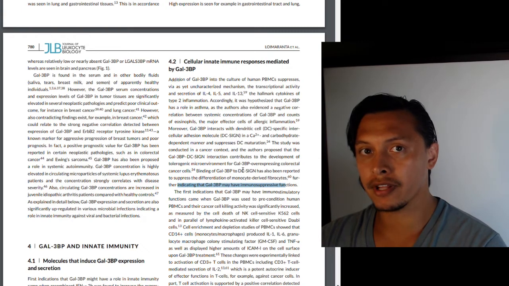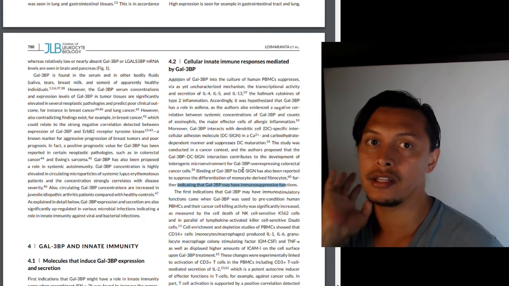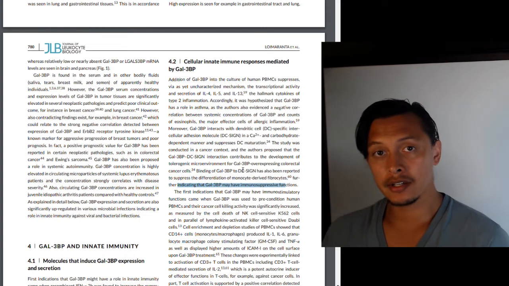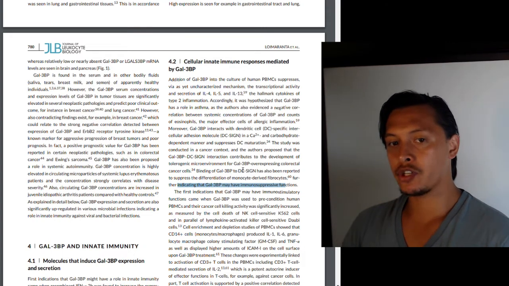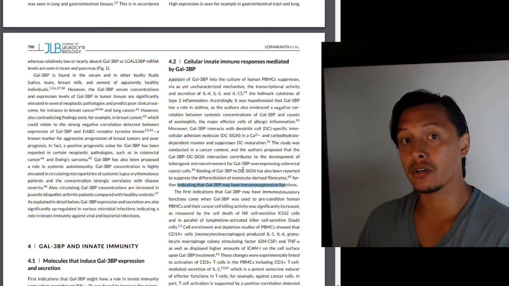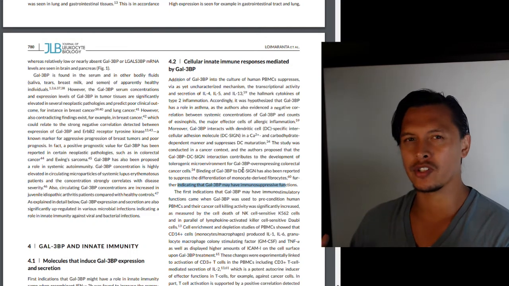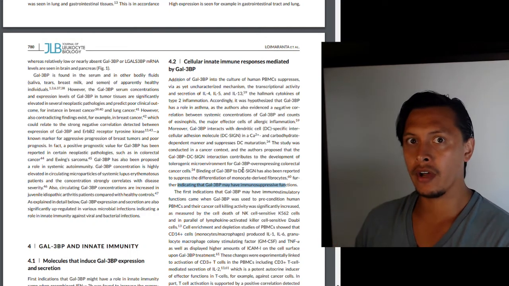Because it's pro-inflammatory, it's being activated upon these innate immune systems, right? But it seems to prevent the maturation of dendritic cells, which would be a part of the adaptive immune response.